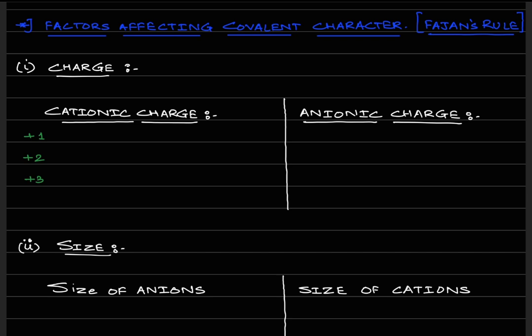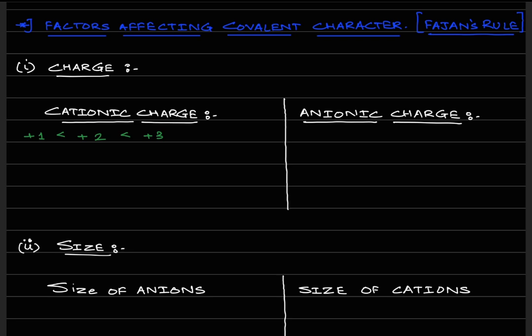Who would attract electrons more strongly? It's definitely +3. Let me write it like this: +1, +2, and +3. +3 would be more attracting, +2 would be less, and +1 would be the least. So where would you find more sharing of electrons, or more polarization?